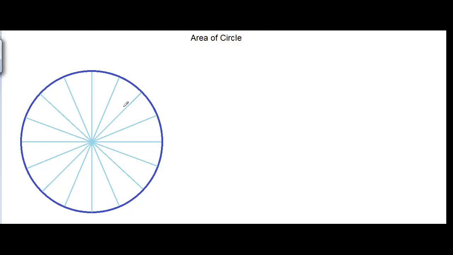I have taken in this figure 16 radii spaced at equal angles. Suppose radius is r, so each radius is r here. These are radii. I have placed these 16 radii at equal angles with respect to each other.